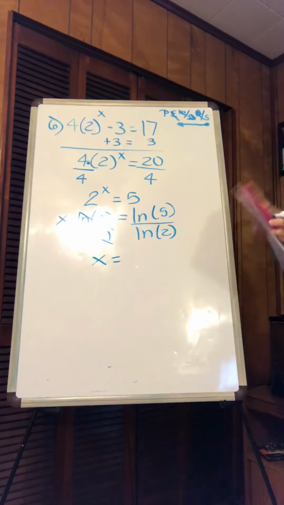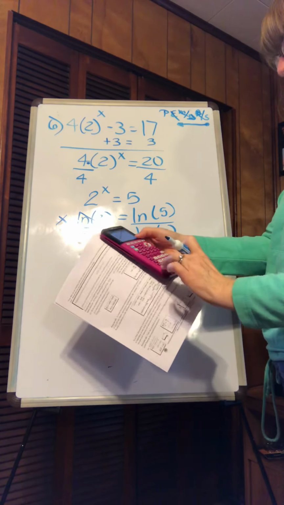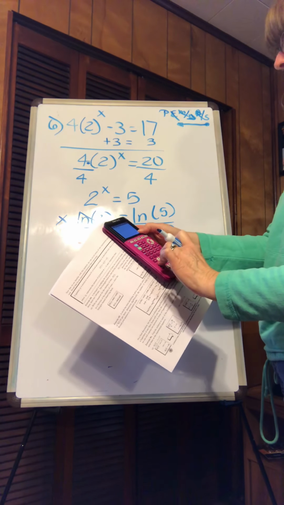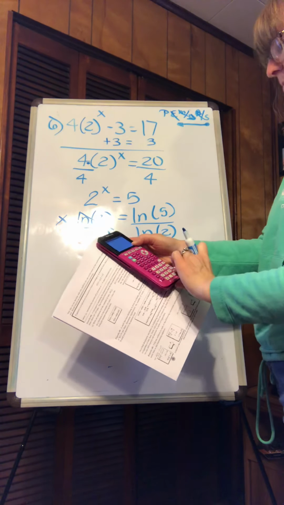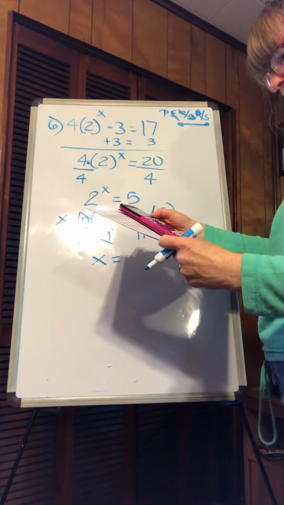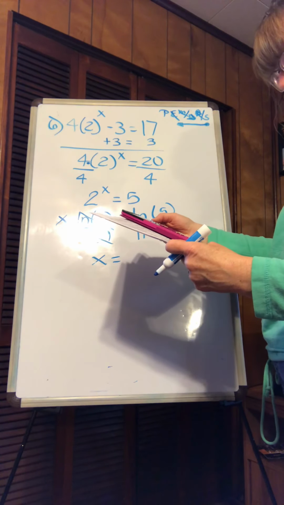And let's see what we get here. Natural log of 5 divided by the natural log of 2. And I get 2.3219.